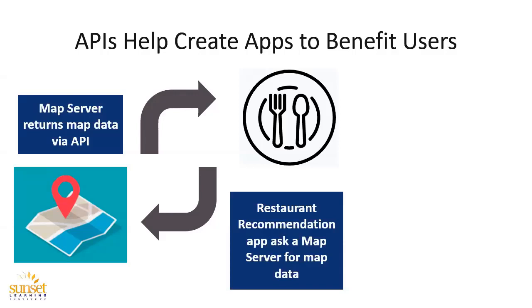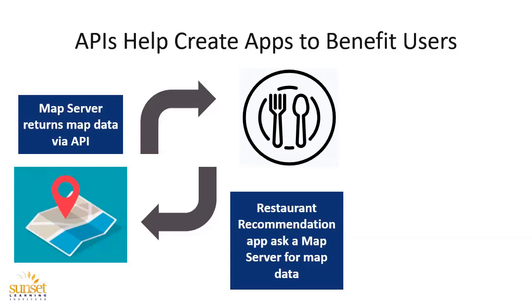And in this example, suppose we create a restaurant recommendation app. So we've got an app that's going to recommend where you should go to eat. When users search for a restaurant, we want our app to return a list of relevant restaurants, including a map. We got this great app. Download it, put in your address, and we're going to show you where you should go and how to get there.